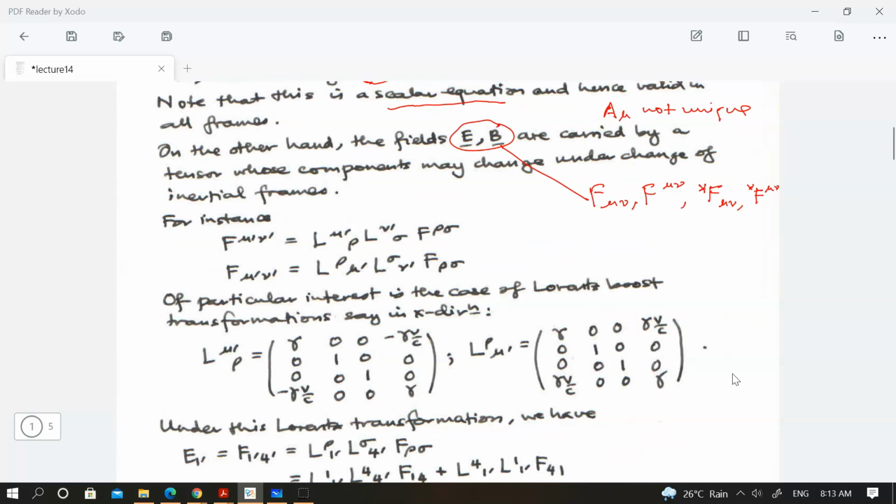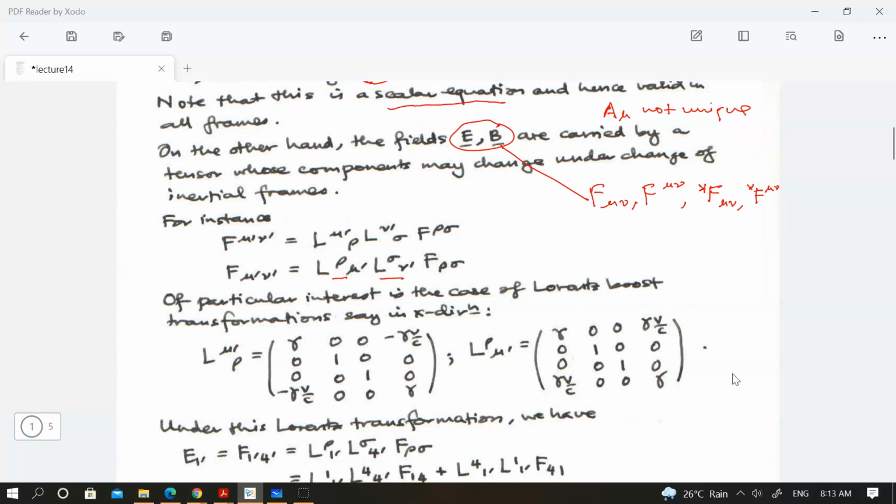So for each index there will be a Lorentz matrix, contracting with these indices on the field strength tensor to give you the field strength tensor in the new frame. The one without the dash is the old frame, and the one with the dash is in the new frame. Similarly for the covariant case, which will involve what we call the inverse Lorentz transformation.